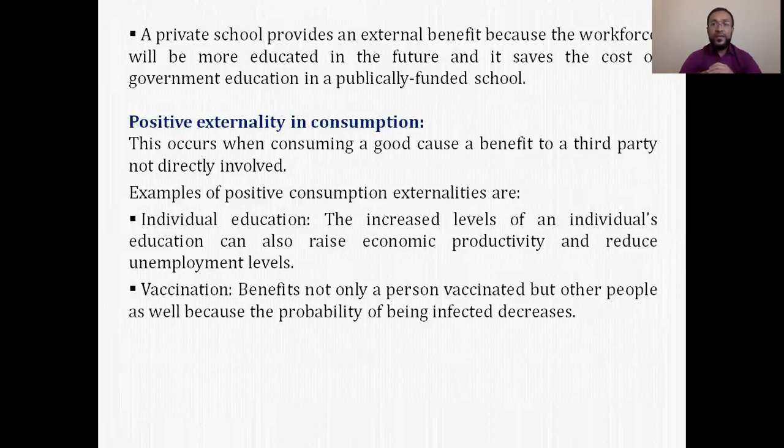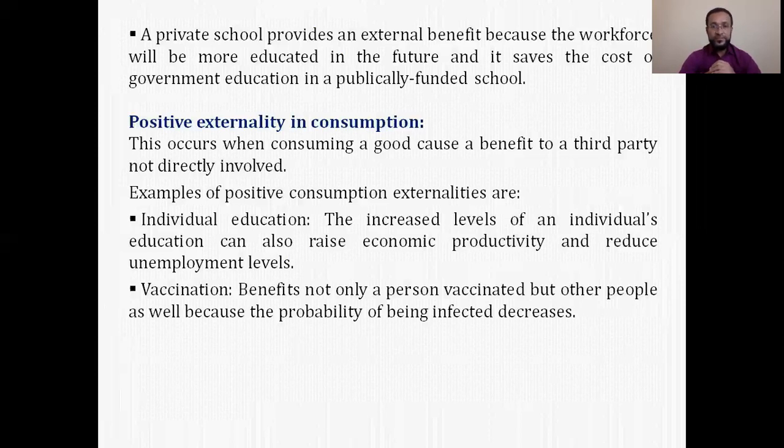So if somebody takes education, becomes educated, he'll help to increase the productivity of the economy. So the person taking education is the first party and the economy here is the third party. So the third party, that means the people in general, they're getting benefit from the educated person. This is positive externality in consumption.